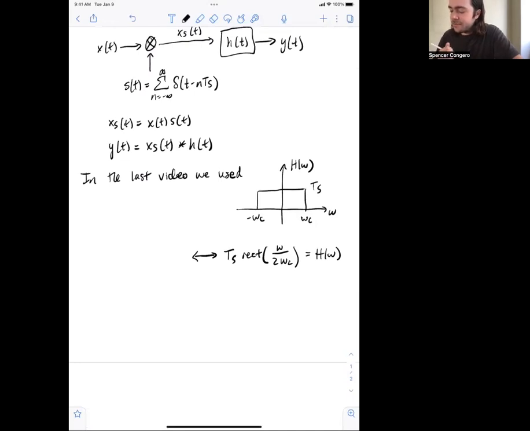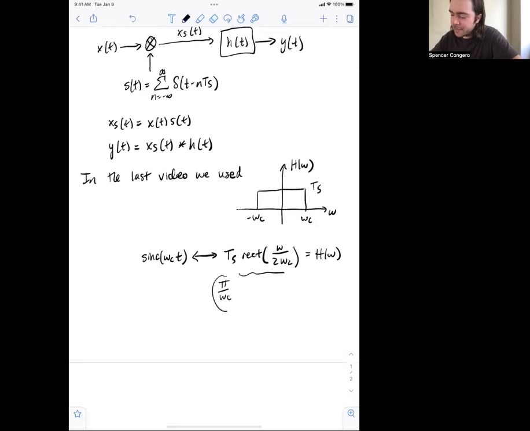What's the inverse Fourier transform of this? Well, this would be good practice, using the sinc and rect Fourier transform pair. But if you remember, this 2 omega sub c in the denominator tells us that the sinc function is going to have frequency omega c. And the Fourier transform of this function is just pi over omega c times this rect. But I want the constant to be T sub s.